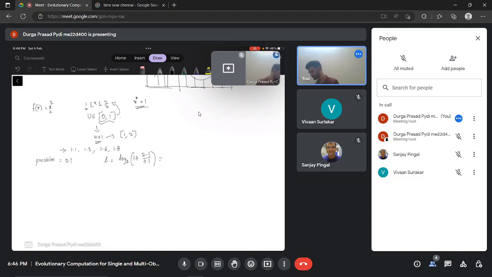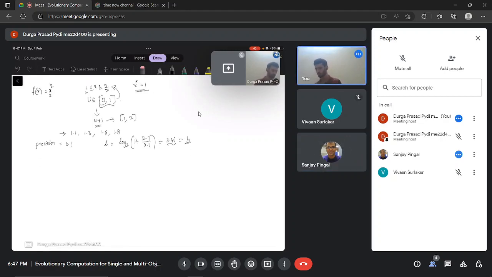Log of 1 plus 10, right? Log 11 to the base 2. It's around 3.46 or something. 11 is approximately 2 cube or something, so 3.46. You can just consider 4 as your chromosomal length.